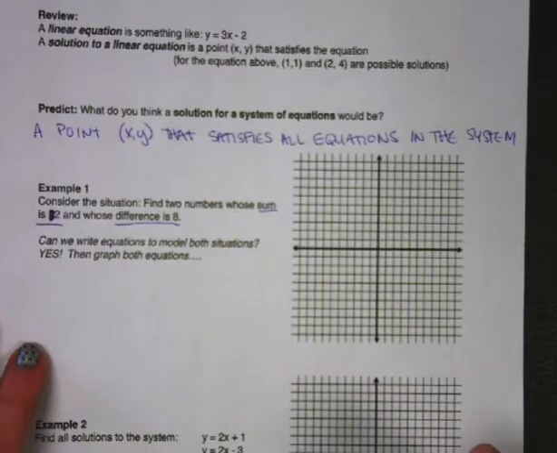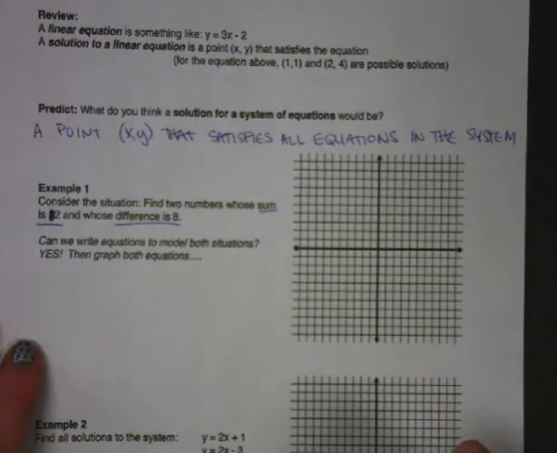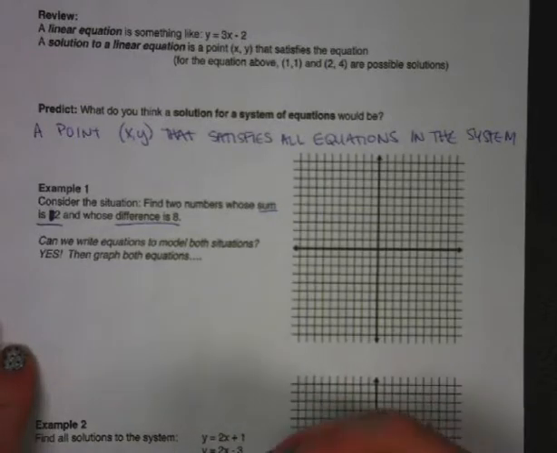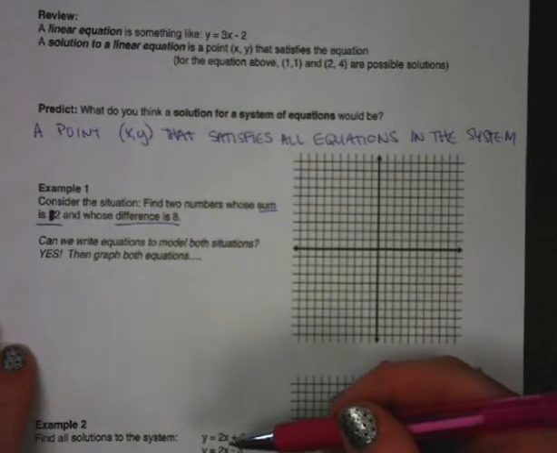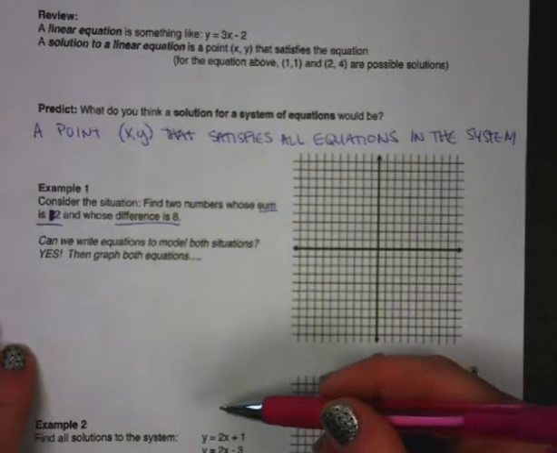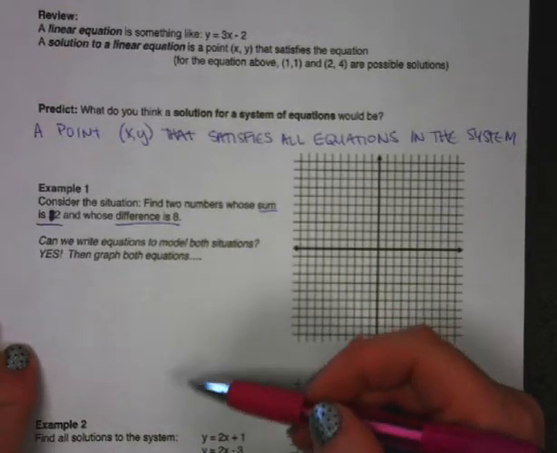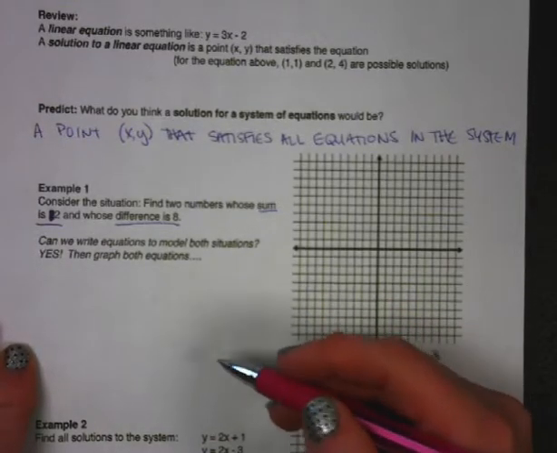Okay, those are my conditions. So I'm going to write 2 sentences that model that. Now, I know you can already think of the numbers that would satisfy this, but throughout this chapter, we're going to be writing a lot of equations from the information, and some things you probably won't be able to just solve in your head, so please get accustomed to writing the equations.